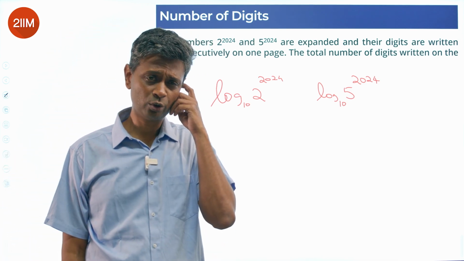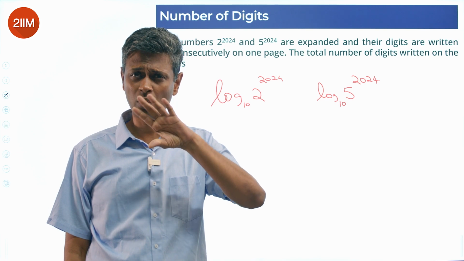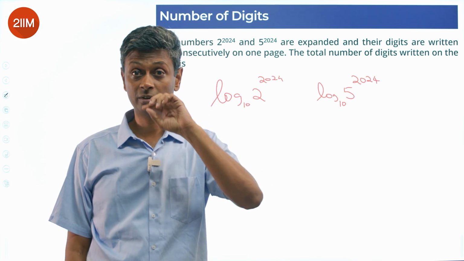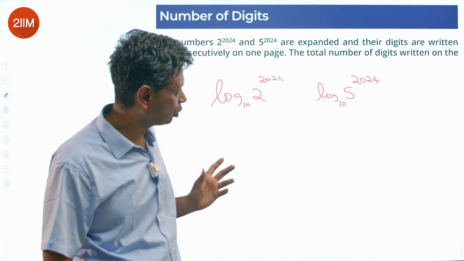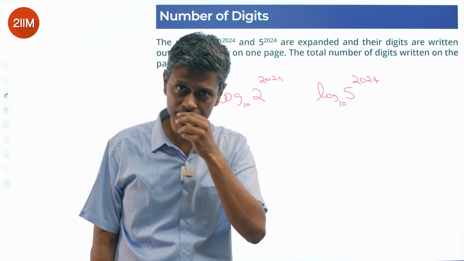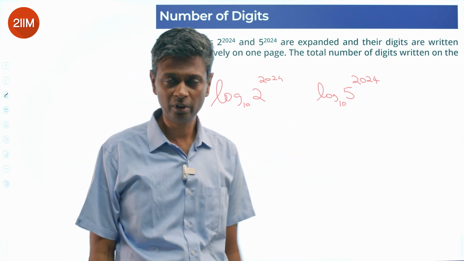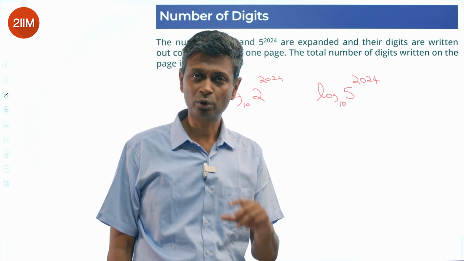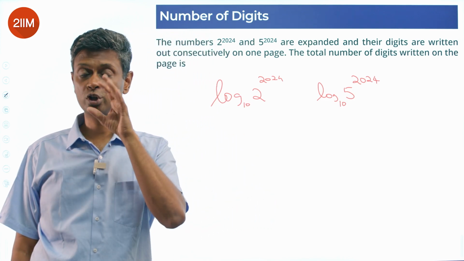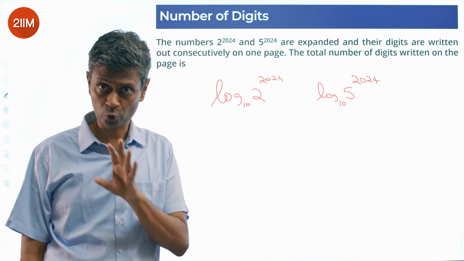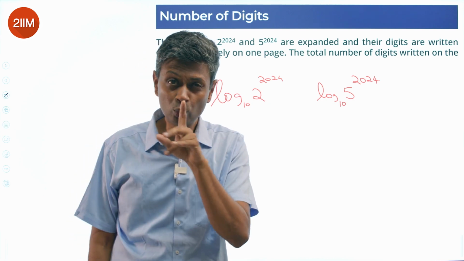Log 2 is 0.3010. Log 5 is 1 minus this. Log 2 plus log 5 is log 10. Log 10 is 1. So I can find out this log approximately, and then find out the number of digits. That's a different approach for doing this. Very interesting approach, right?